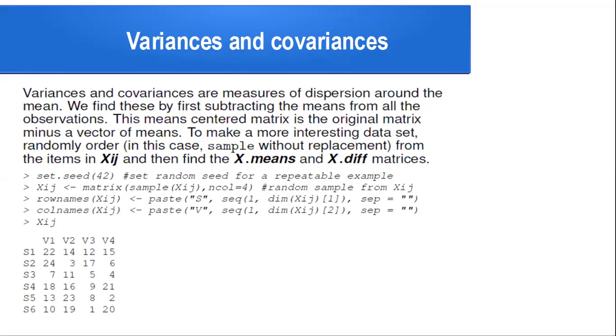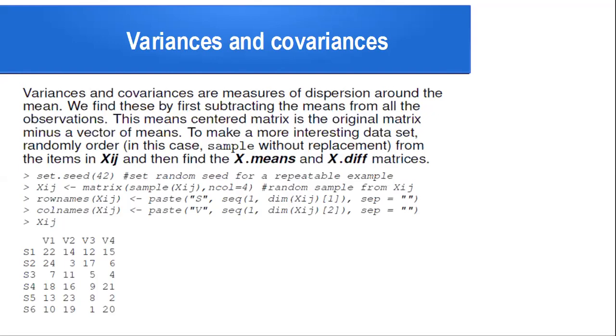To make a more interesting data set, randomly order the cases by sampling without replacement from the items in xyz and then find x dot means and x dot diff matrix.